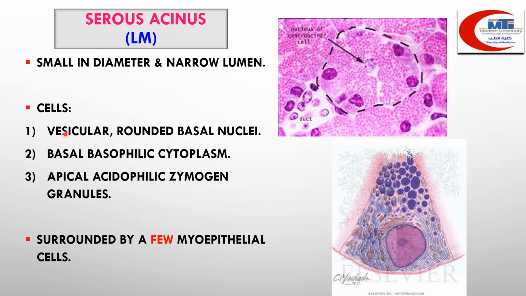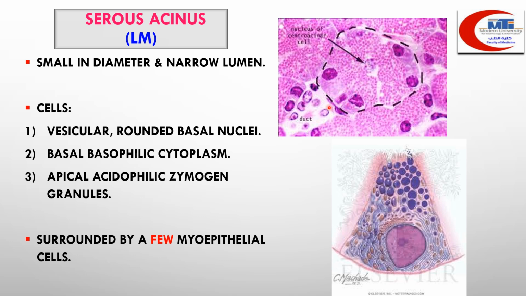The acinus is formed of a group of cells that form serous secretion. The serous acinus has a narrow lumen, and they are small in diameter.